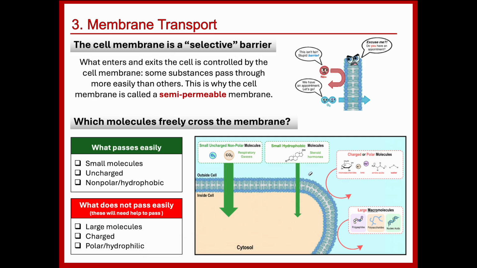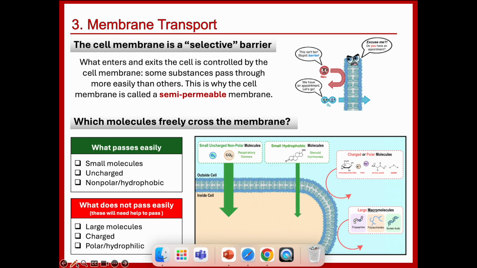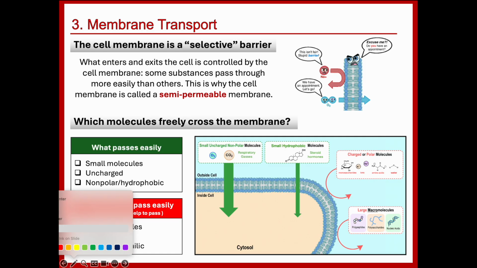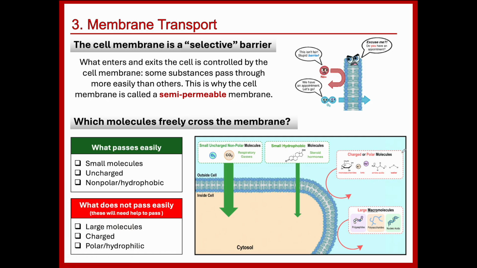All right. Now, the next thing is things that cannot go through. So these two things were uncharged, nonpolar. These were small and these were big, right? And so those are the types of things that could go through. The things that cannot go through alone without help are things like monosaccharides, right?